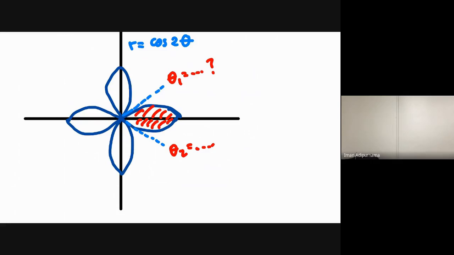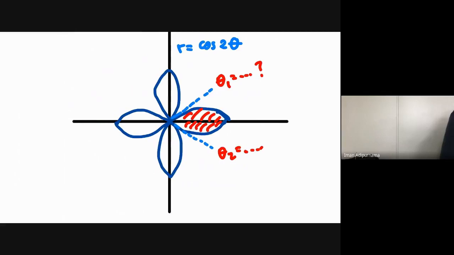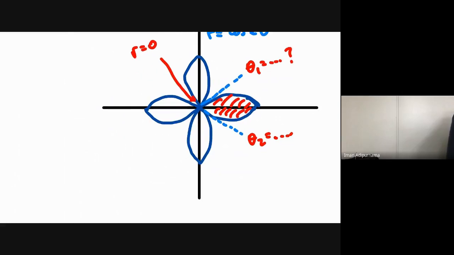Still confusing? Let me write here. This means r is 0. So r is cos 2 theta, and 2 theta is pi over 2.